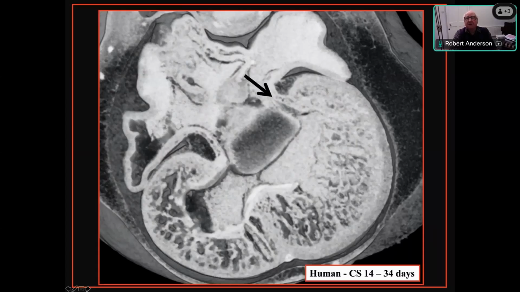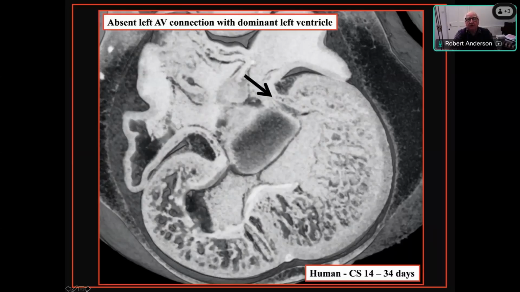But what happens if the primary septum grows in such a way as to wall off the left atrium from the atrioventricular junction? Then we will have absent left atrioventricular connection, still with a dominant left ventricle. Almost always, this is found with left-handed ventricular topology, because the ventricular loop goes the wrong way round, but very rarely this can also be found, as I show you here, with right-handed topology, the incomplete right ventricle to the right of the dominant left ventricle.